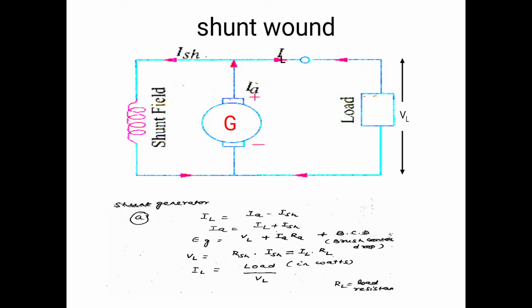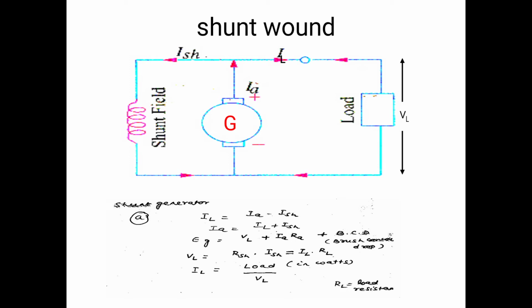So this branch voltage equals E minus IA into RA minus BCD, and it equals VL. So we can write EG equals VL plus IA into RA plus BCD.